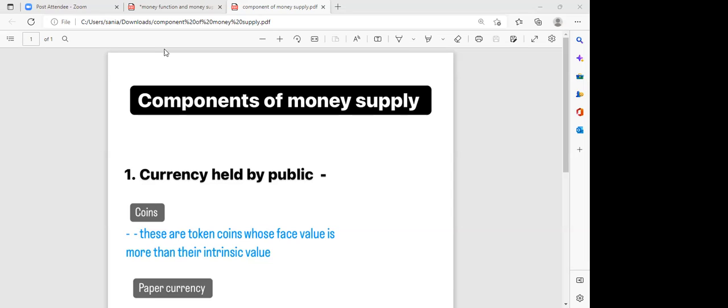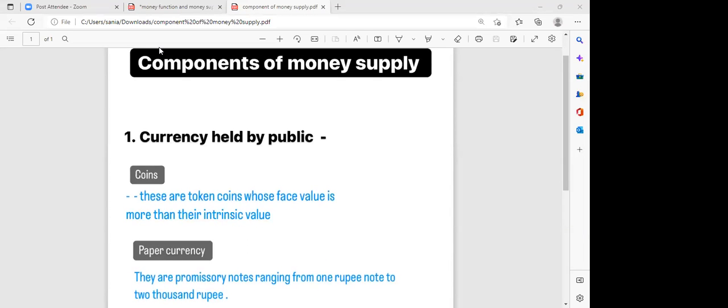Naveen, can you see my screen? I can't see anything. It's showing like it has started screen share. Okay, I'll just share it again. Can you see my screen now? Yes, I can see.